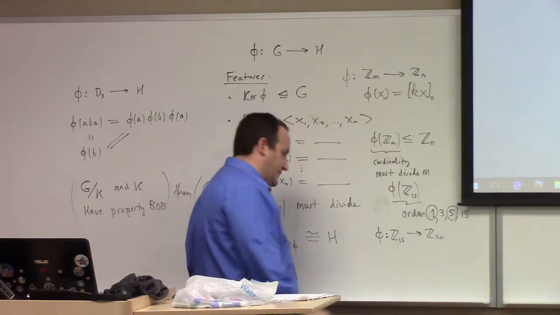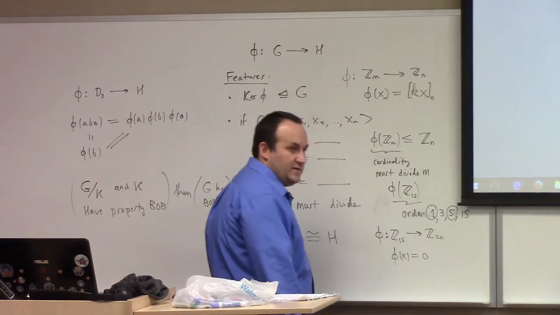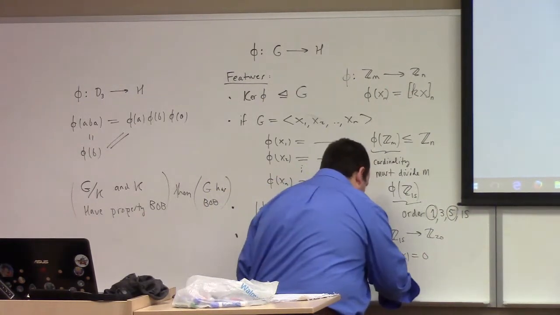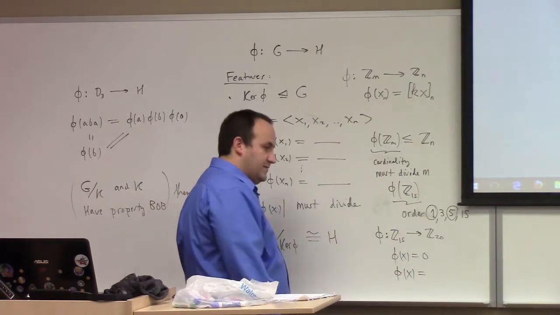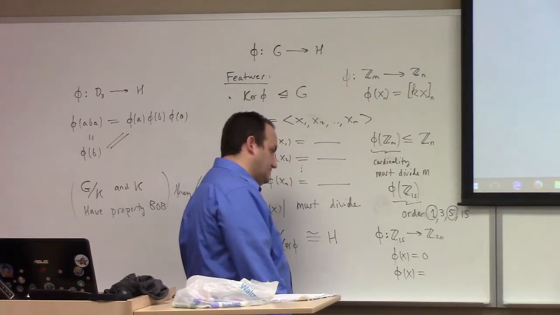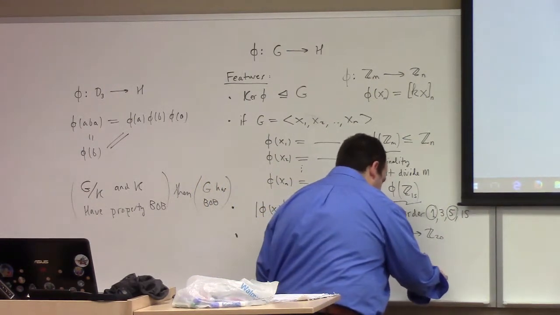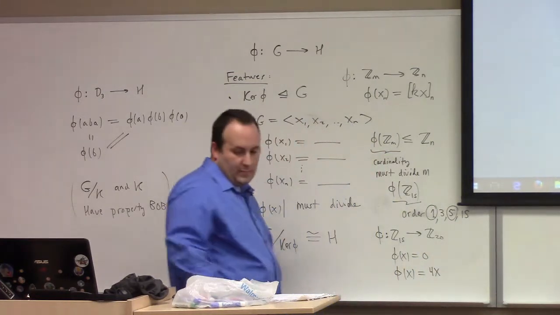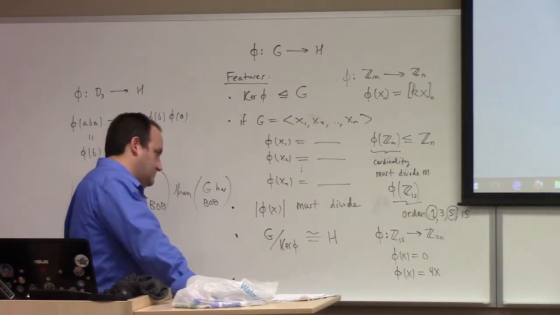It's fairly obvious what those are. Phi of x equals 0 gives order 1. And phi of x equals what to get order 5? 4, 8, 12, 16 are all order 5, so 4x will do it. The number of homomorphisms is given by the greatest common divisor.